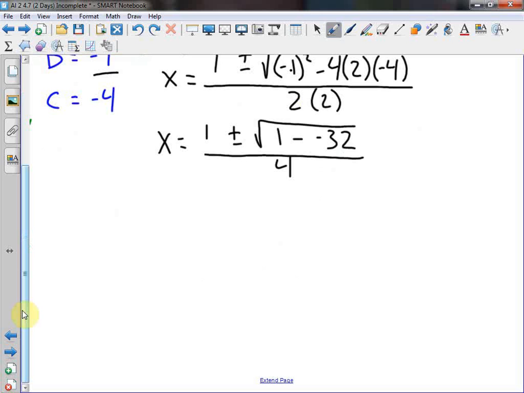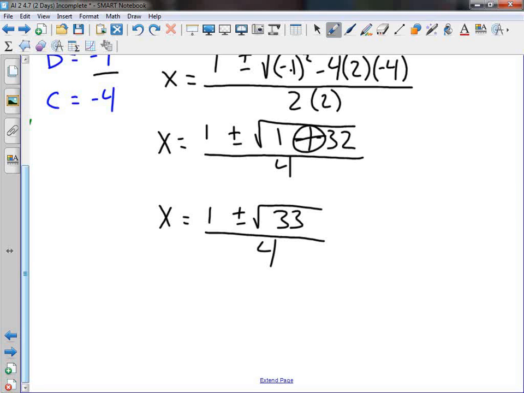We're not quite done simplifying. We can see that inside the square root sign, we get a plus sign there, giving square root of 33 over 4. And that looks like a pretty good answer here.